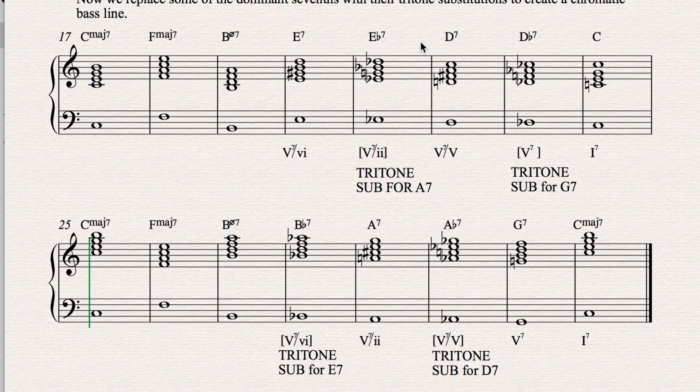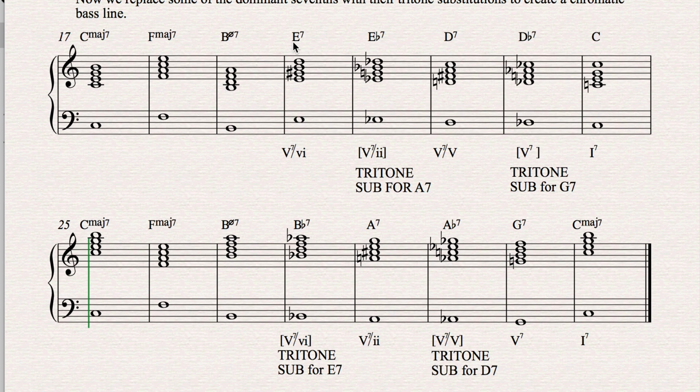Okay, so this is basically the same progression, except instead of doing the tritone sub for these two chords, I did them for these two, and that gives you a bass line of this. So this progression would retain our classic 5-1 at the end, but the chromatic bass line would start from the B, go down to the 5, and then up. So let's listen to that.